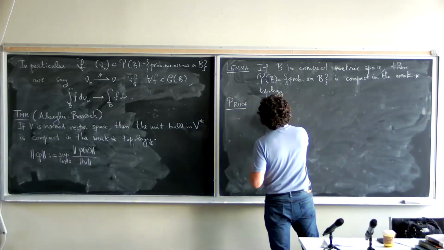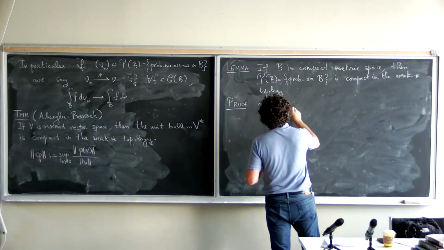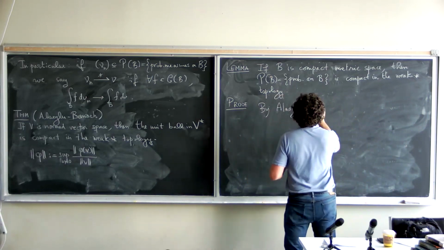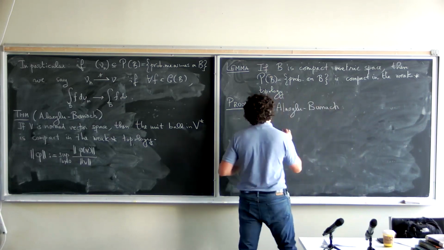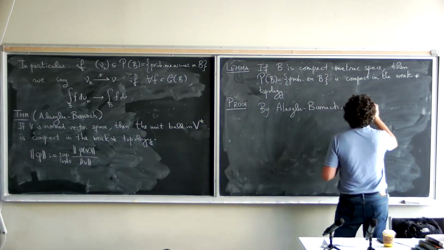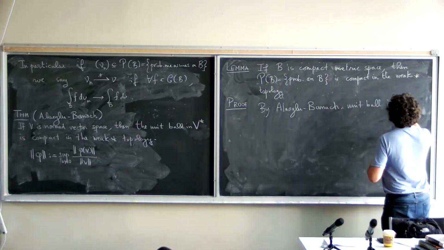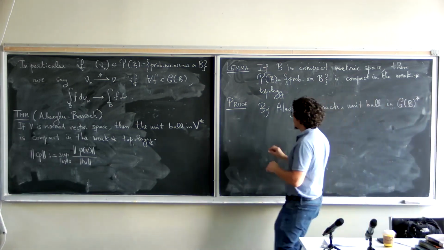So by Alaoglu-Banach, what do we have? We have that the unit ball in C(B) star is compact.